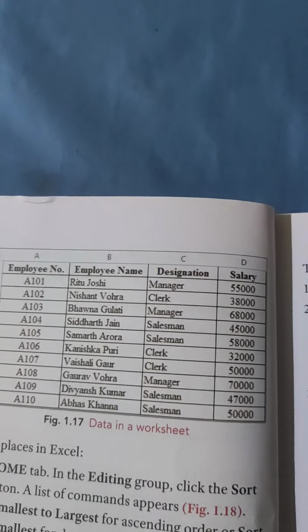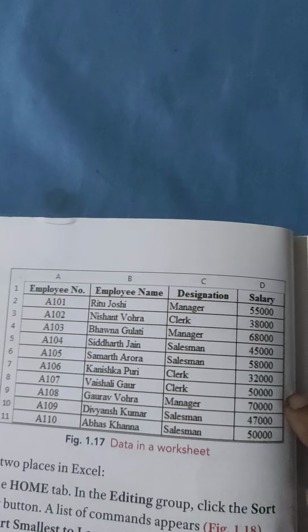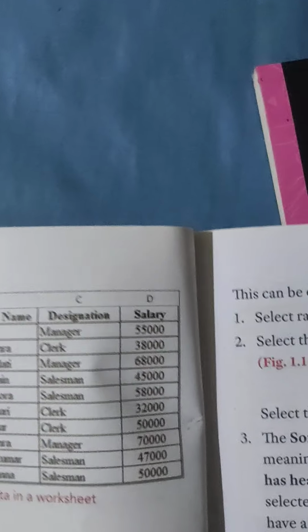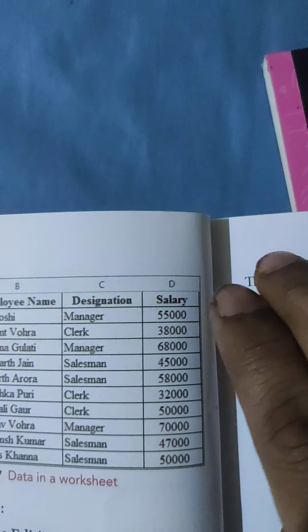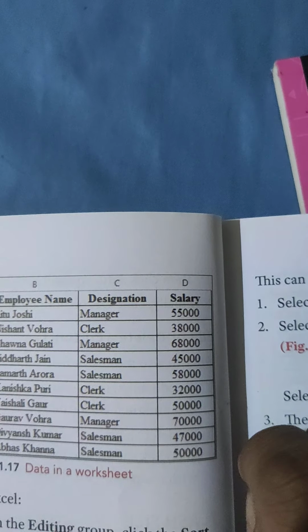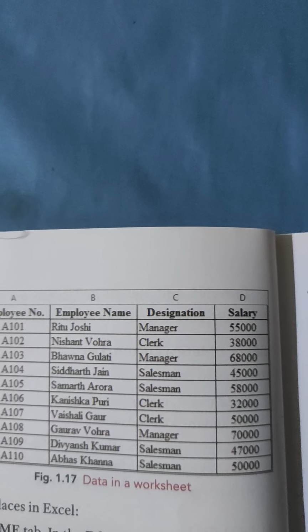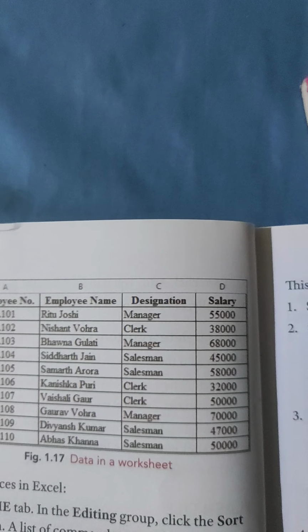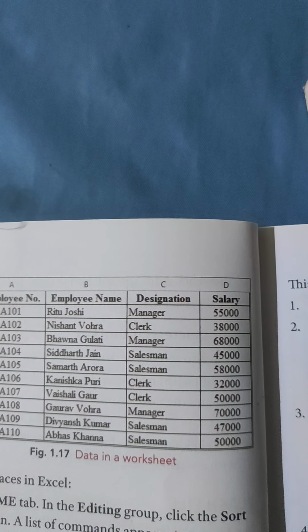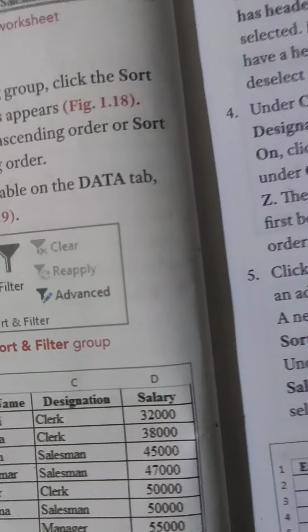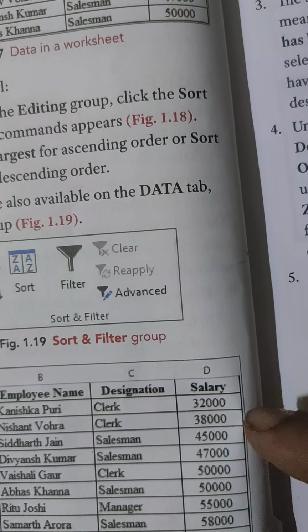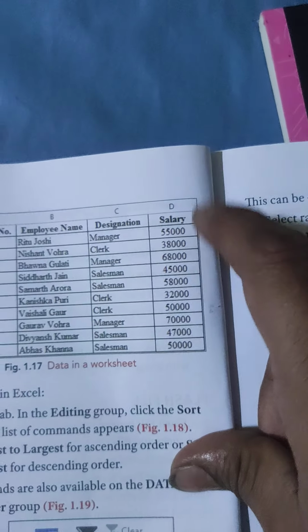It automatically recognizes that this contains numbers, so after selecting this column, you click on ascending order, and the numbers which come first will appear first. That means the numbers that are smaller. For example, here you can see the smaller number, 32,000, followed by 38, and so on up till 70,000. The list was in a haphazard manner.